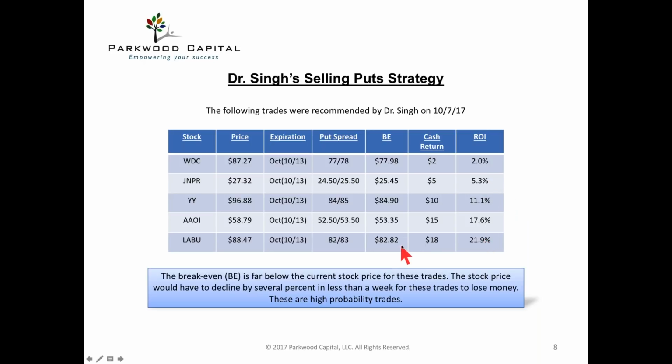But notice in every case where the break-even is, even in the most aggressive trade here, the stock is trading at $88. It has to trade down to just above $82 before you lose money on this trade. So in all these cases, the break-even is well below where your current stock price is. So that's why these are all very high probability trades. And that's why Dr. Singh selects them and structures them the way he does.